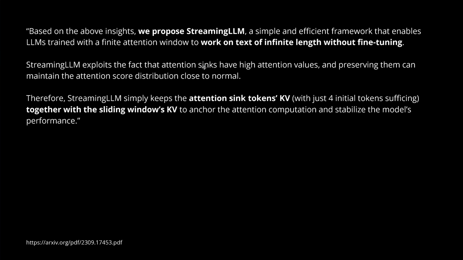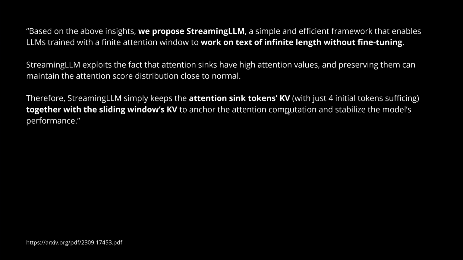Great. So what is the main idea of StreamingLLM? It simply keeps the attention sink tokens' key and value states. So this is, if you want, our CLS token, our start token. And I will explain in a minute why we have 4 initial tokens. So they take the start token and what we know as sliding window KV to anchor the attention computation.